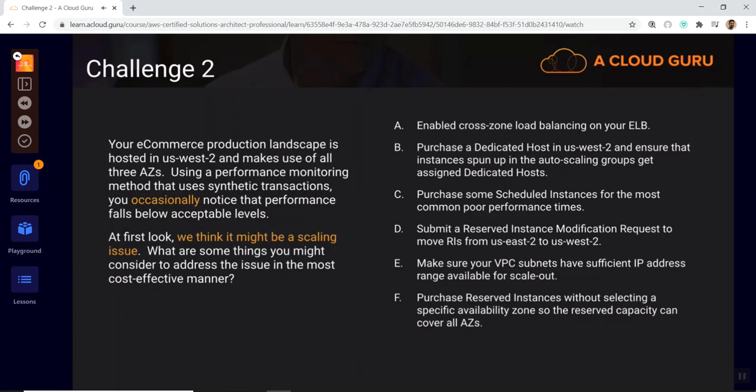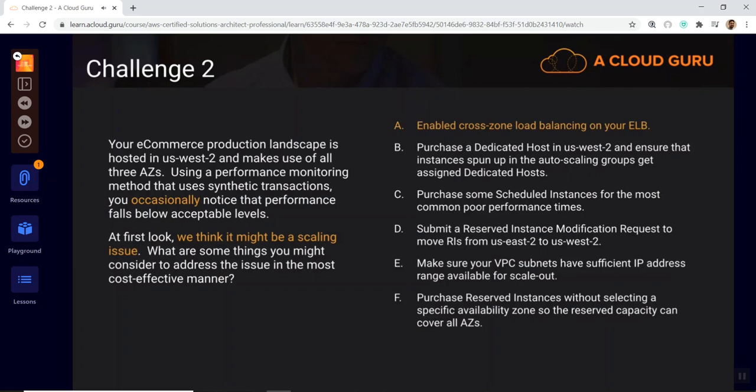So if by chance we scaled disproportionately, maybe we're using spot instances and we scale in one AZ more heavily because the price is lower, then we're not going to be able to fully utilize all those instances if we don't have cross-zone load balancing enabled, because otherwise the ELB is just going to do a round robin type distribution and allocate to whatever resources are available in the AZ that received the request. So this is a good thing, I think.